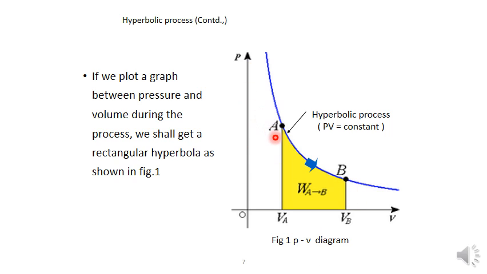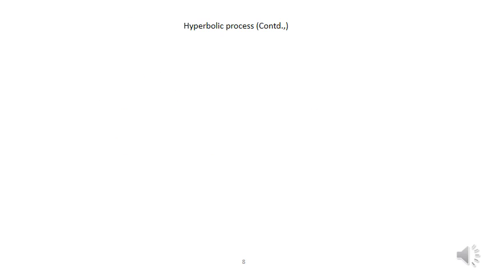This is a hyperbolic process, where PV is equal to constant. The work done is between point A and point B. So we plot the graph between pressure and volume during the process and we obtain the shape of a rectangular hyperbola. Hence the process is named the hyperbolic process.